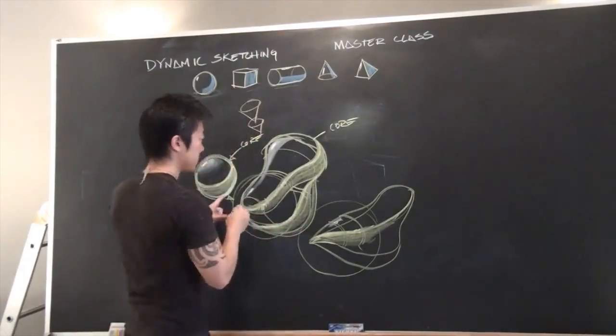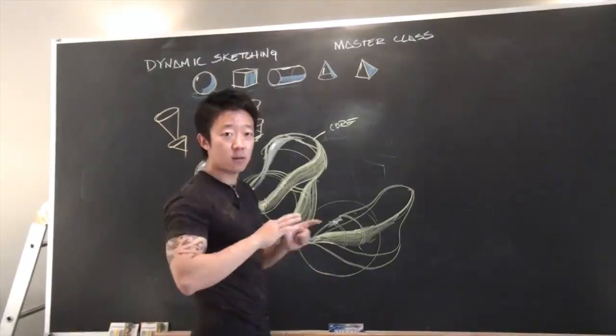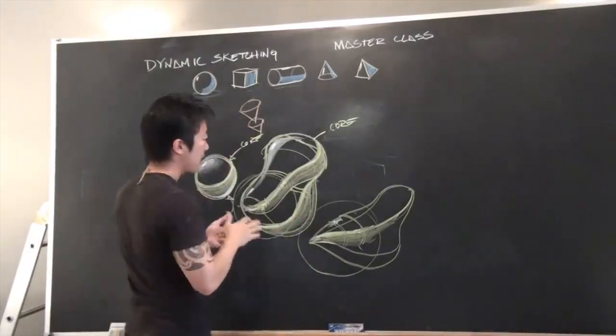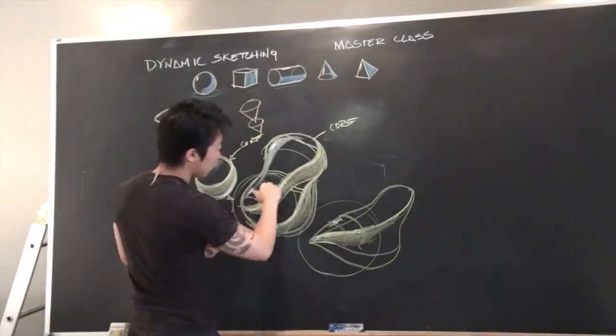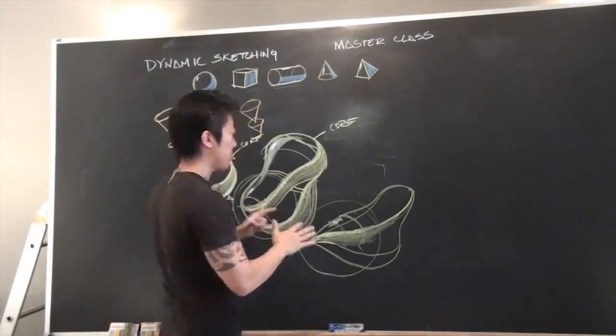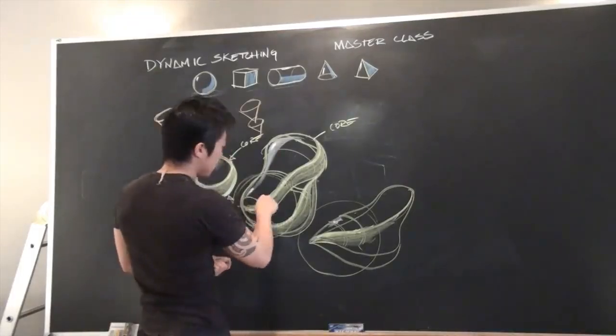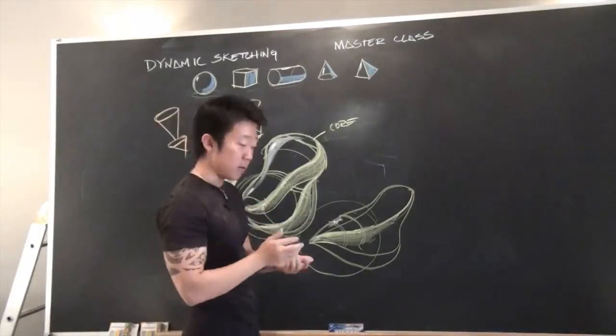Now, I'm talking with just the white. It's just simple spot highlights, one or two spots. That's all you need. With the marker, if you're going to hit it with the marker in the core shadow, again, very minimal. This is only if you feel confident that you understand how to use the pen to describe form shadows.